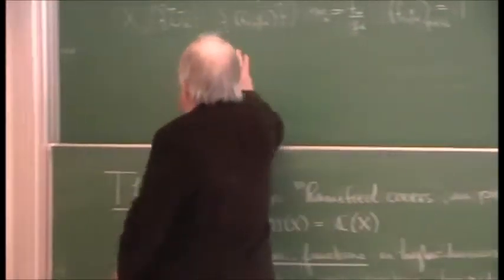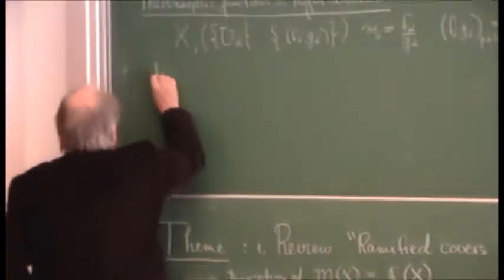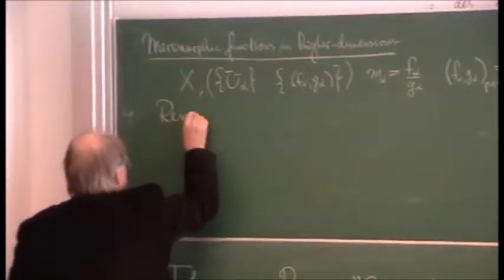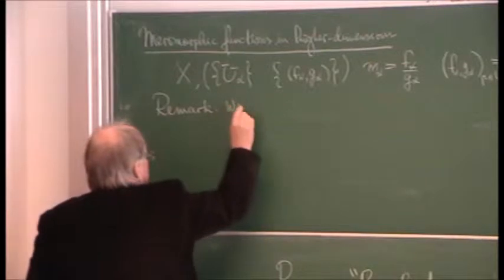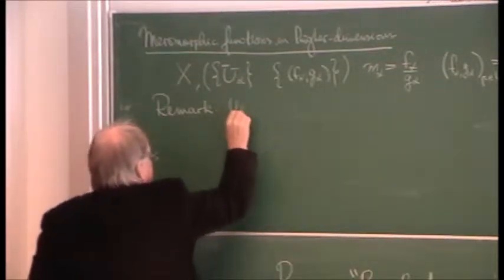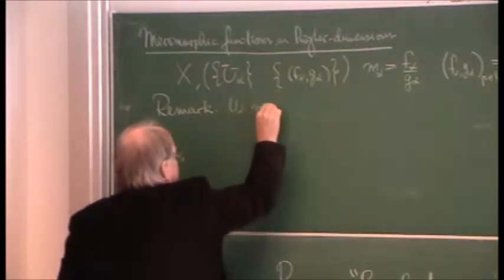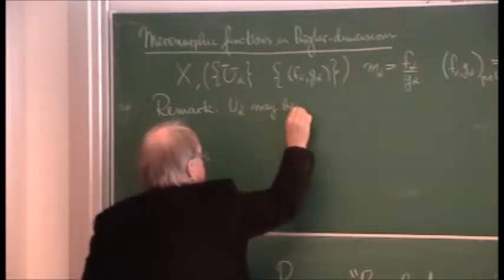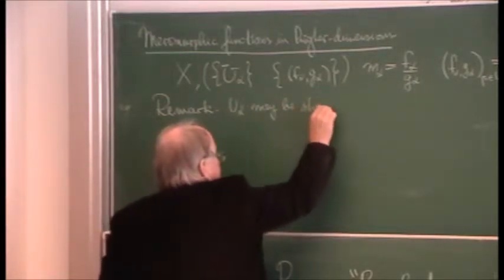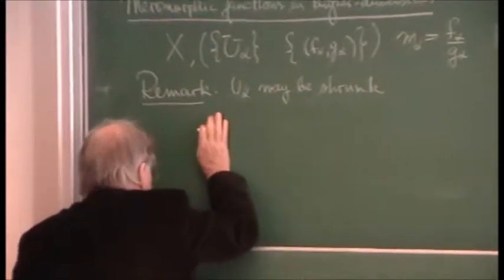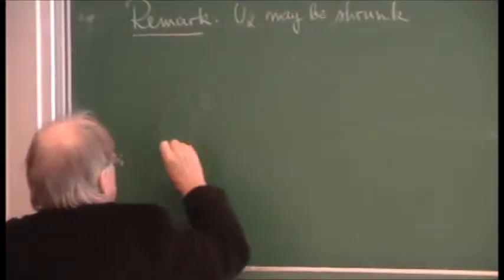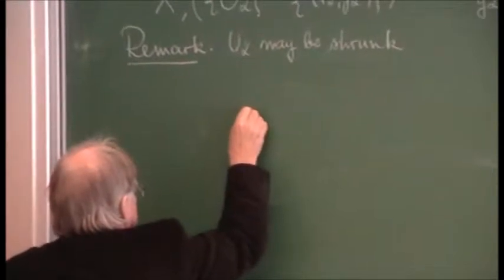So the first remark is we can always shrink U alpha. U alpha may be shrunk to our convenience. But that doesn't help necessarily.